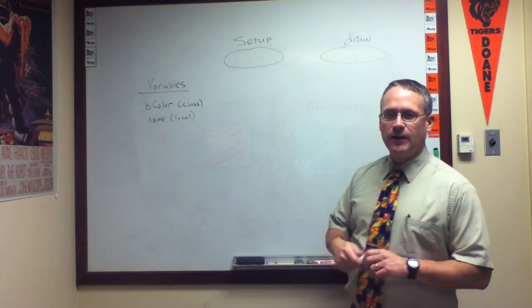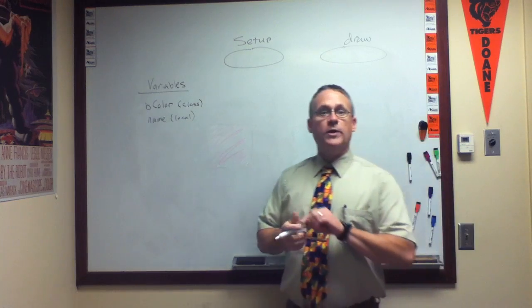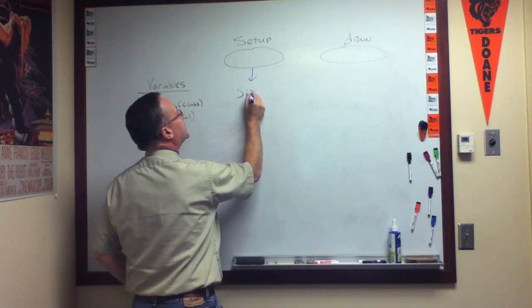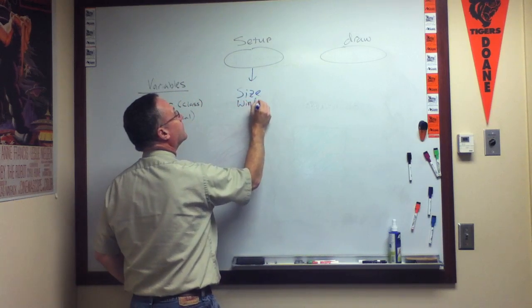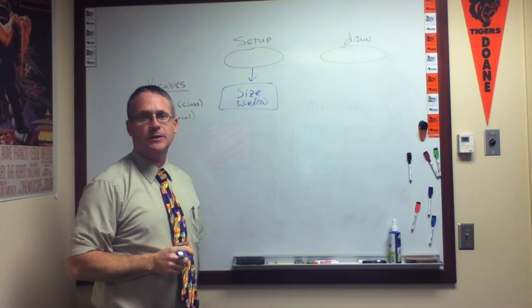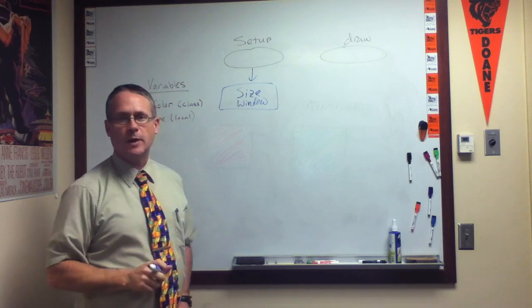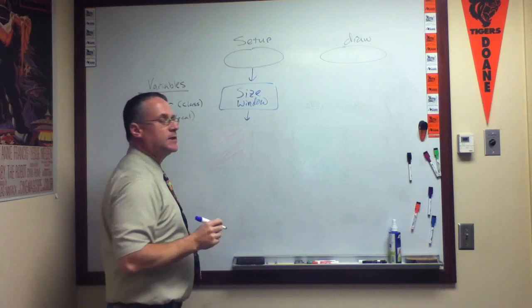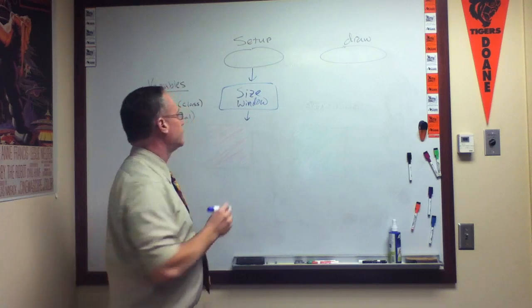All right, so let's design our setup method. One of the things that we typically do in setup is size our window. The problem doesn't specifically state any particular size, but we'll just choose one when we implement it. After that, we need to get the input from the user.